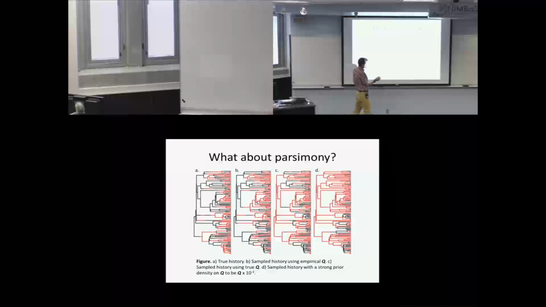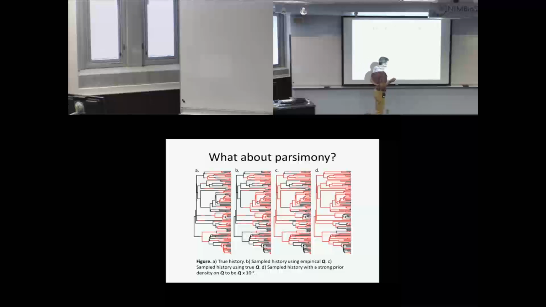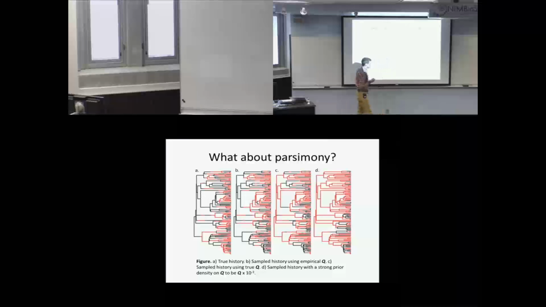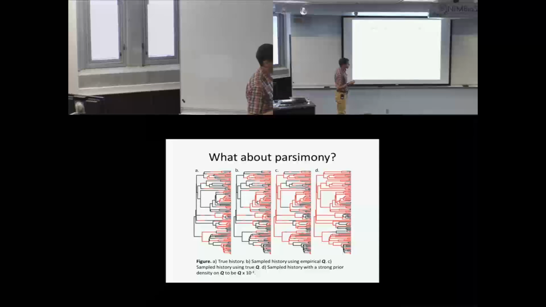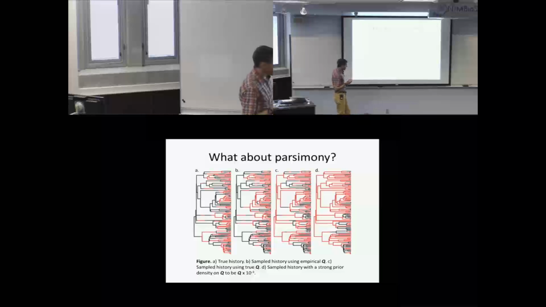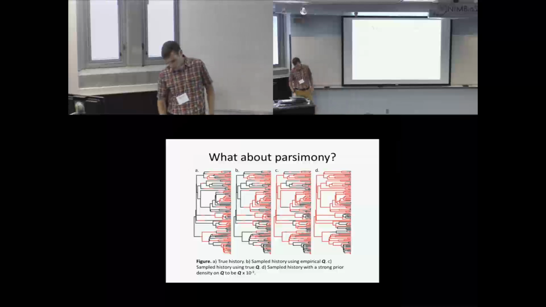When we do that, we get a number of changes on the tree that's equivalent to the parsimony score for this character on the tree, which tells us that this is at least one possible parsimony reconstruction of this character onto the tree. The point being that this evolutionary history for the character looks nothing like the generating history, and I think we should be conscious of that if we're considering using parsimony.